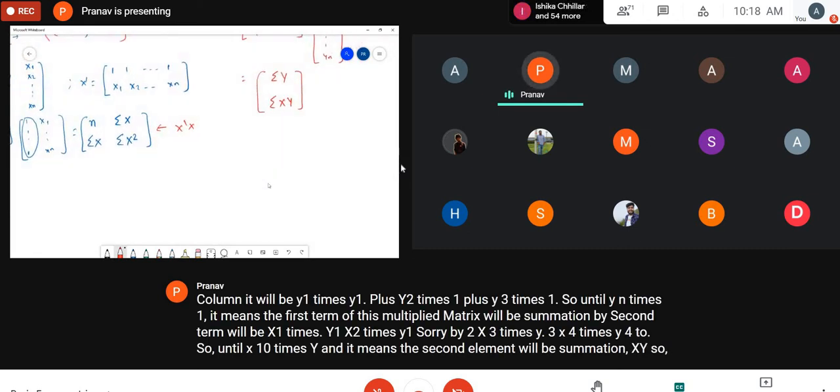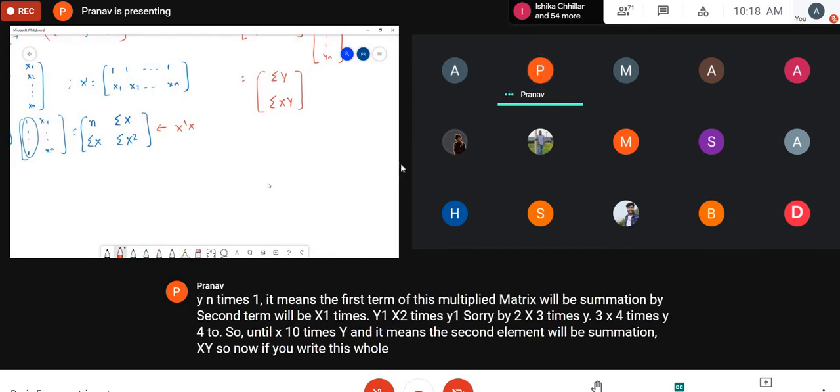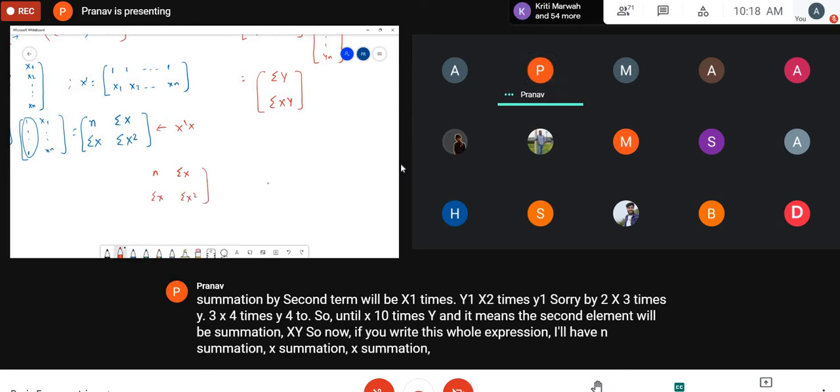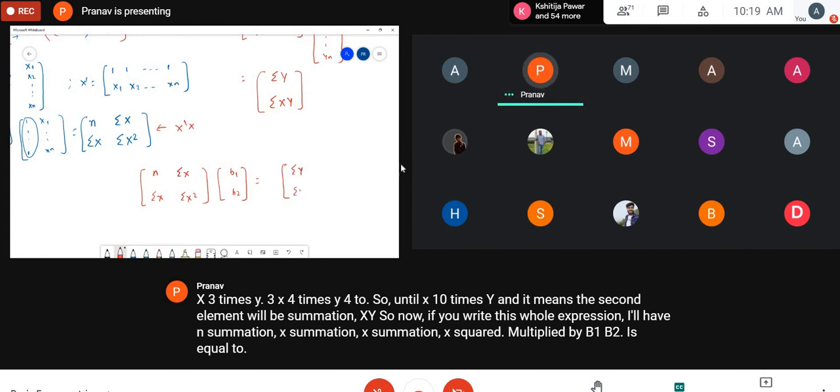So now if you write this whole expression, I'll have n, summation x, summation x square, multiplied by b1 b2, is equal to summation y, summation xy.